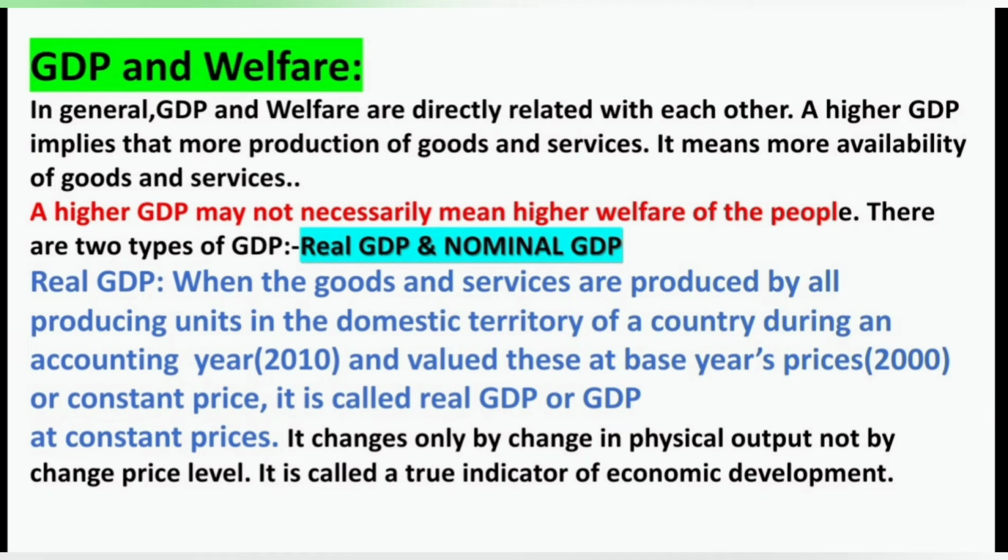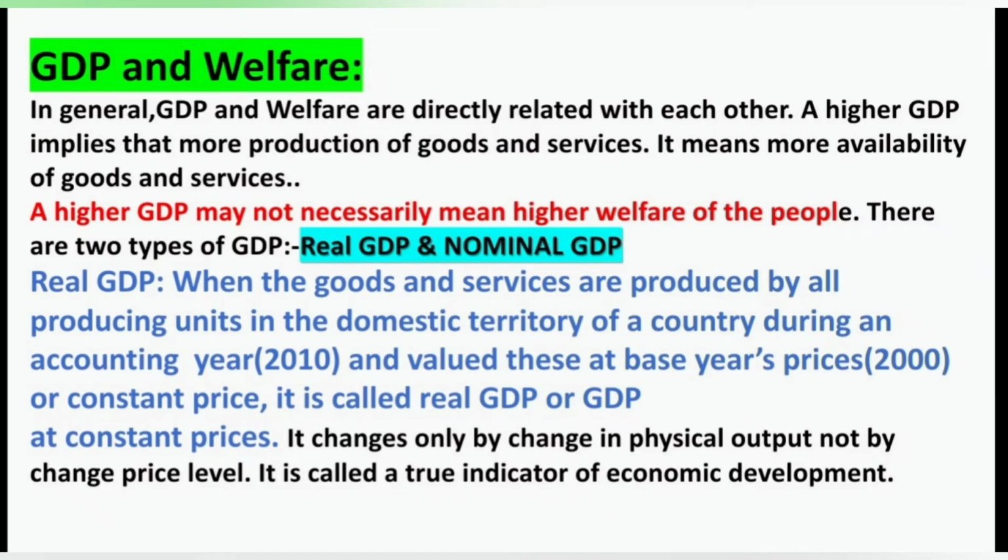Why? Gross domestic product is expressed in two ways. One is real GDP, that is GDP at constant price, and the second one is nominal GDP, or GDP at current prices.